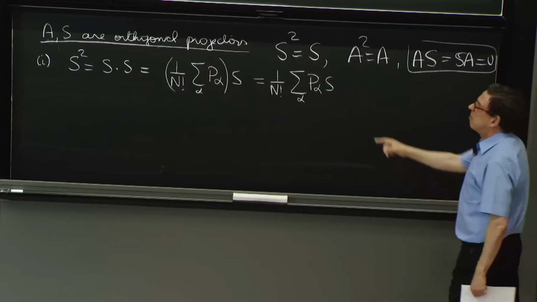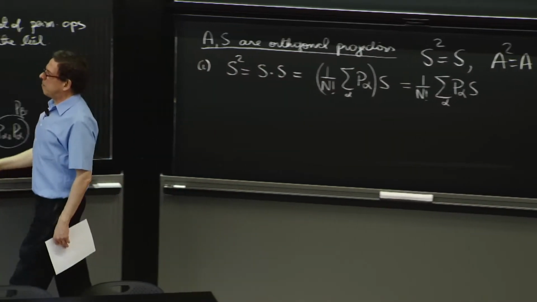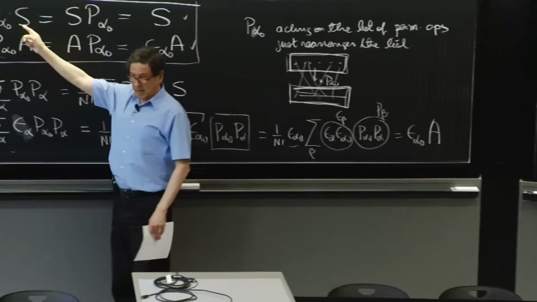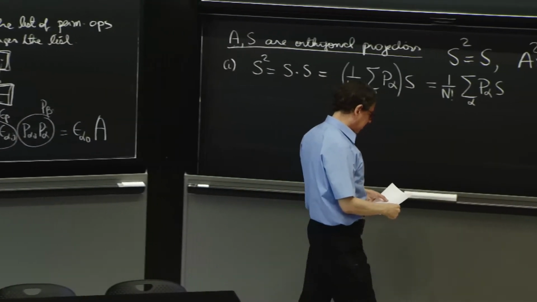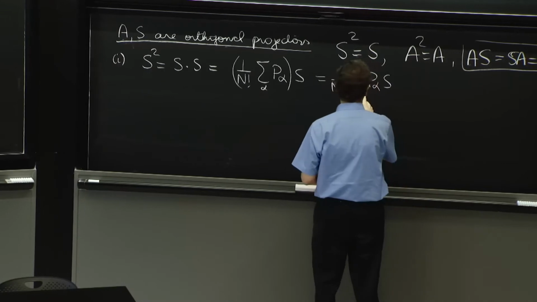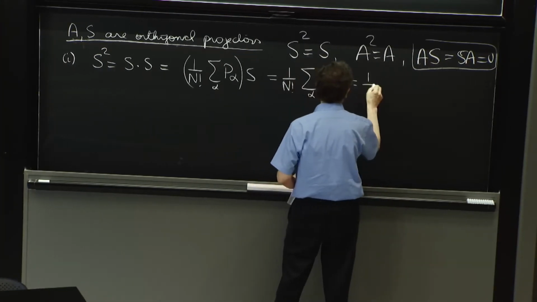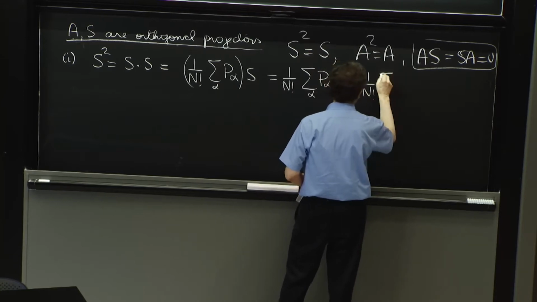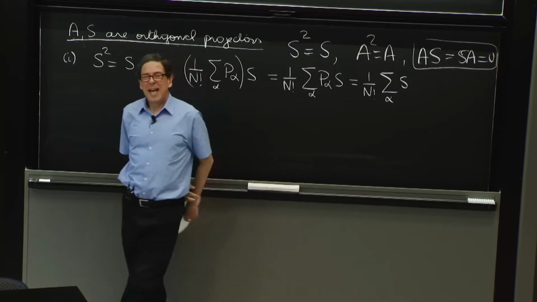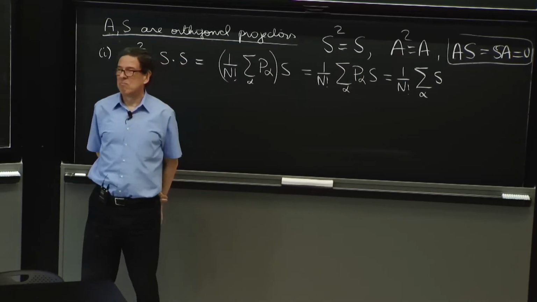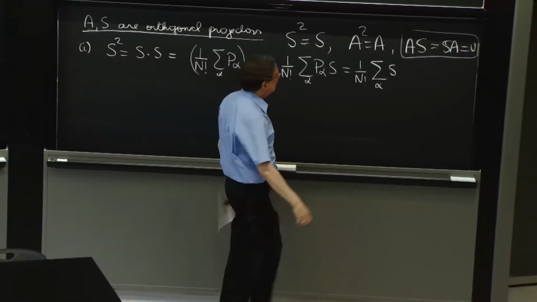And now we had it there. The product of any projector times S is S. So the projector on alpha is just S. So we have 1 over n factorial, the sum over alpha of S. But S has no alpha index, so it goes out of the sum.